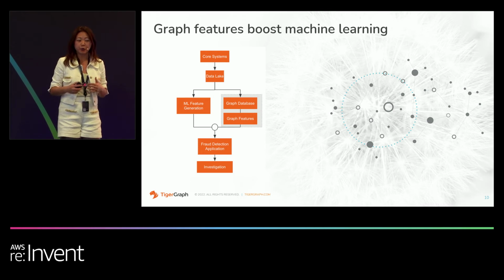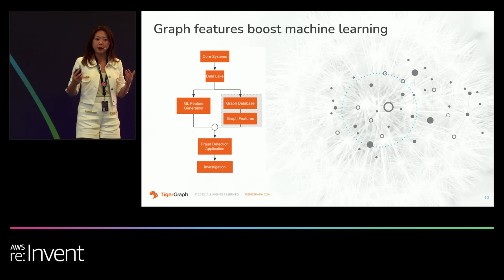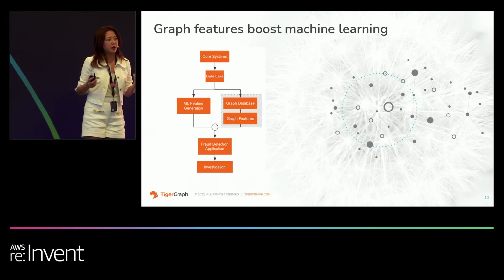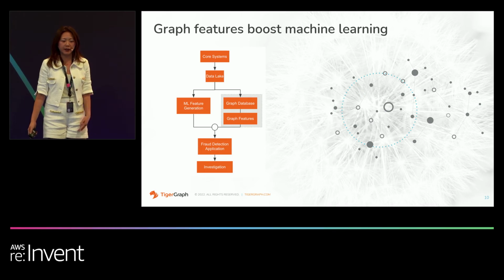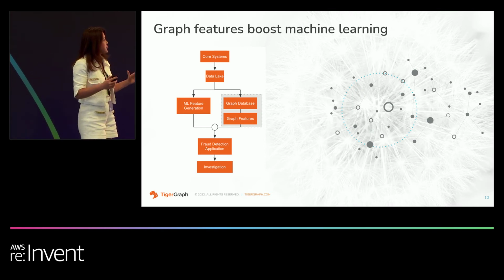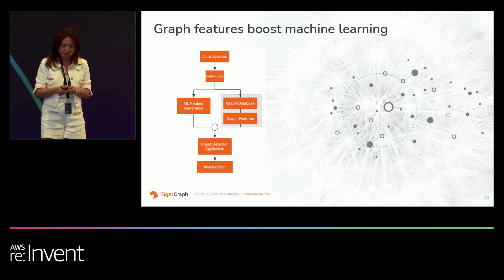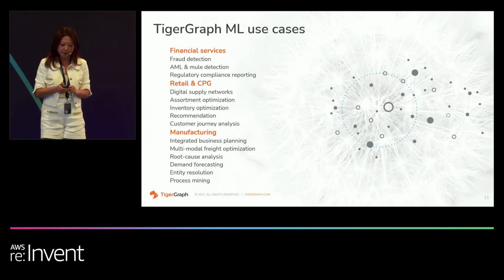At TigerGraph, we have a library of over 50 graph algos. These are ready out of the box. For example, we've got Louvain, PageRank, community detection. Those are graph algos that are ready to go that you can use to get the value that we mentioned. I will get back to this.